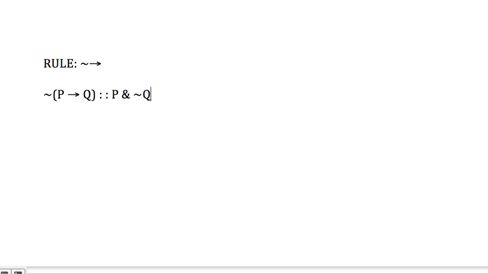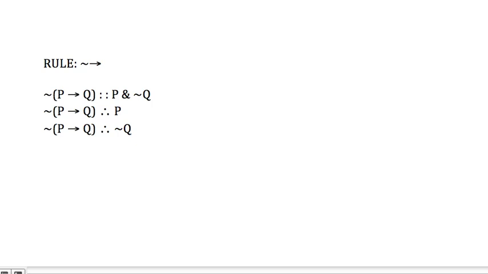That is the basic form of the rule, but because it's often very convenient to have it, we're going to introduce a couple of obviously closely related forms, and they work this way. From the denial of a conditional, we can conclude the antecedent of the conditional. Likewise, from the denial of a conditional, we can conclude the denial of the consequent.